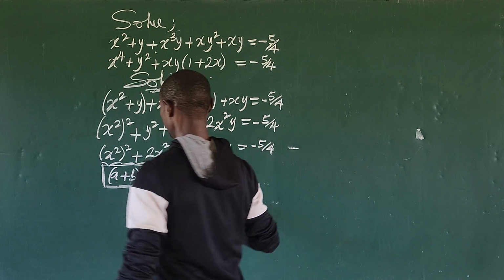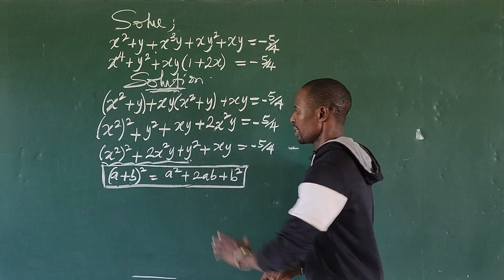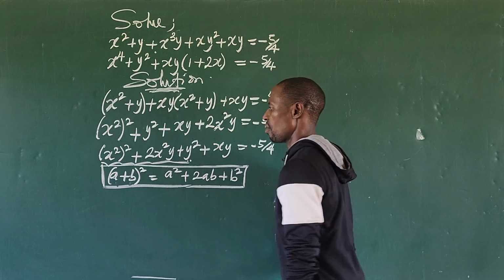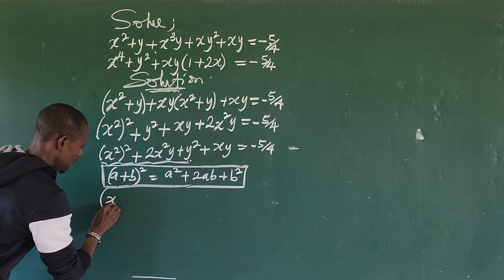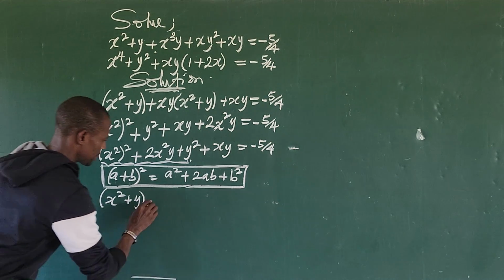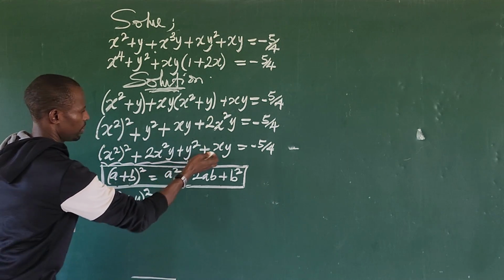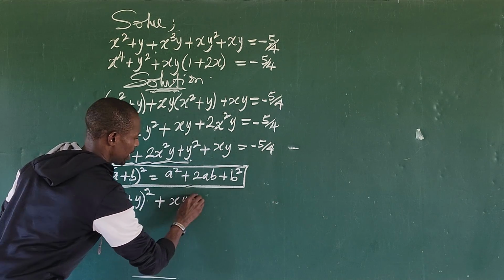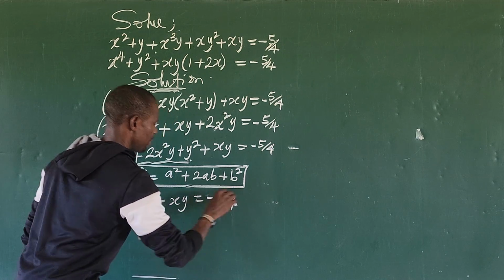With what we have here now, we can see this format playing out. So let's take this expression back to this format. Doing that, this will now give us x to the power of 2 plus y, close bracket, then squared, plus xy, everything equal to minus 5 over 4.